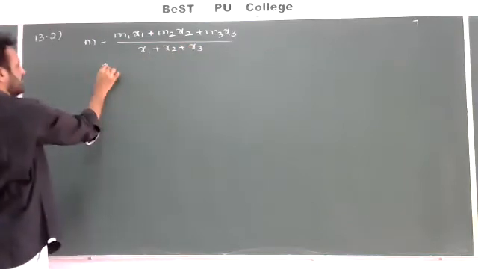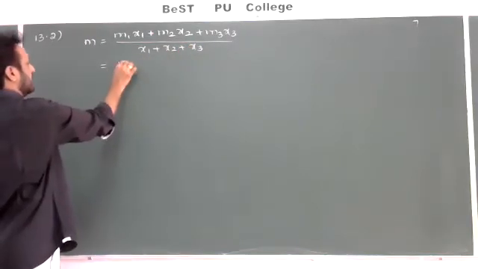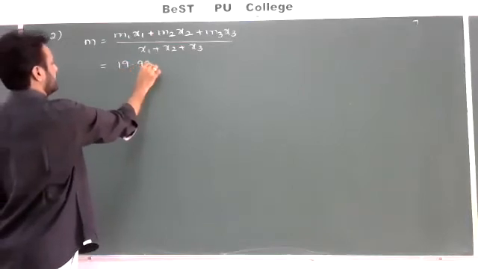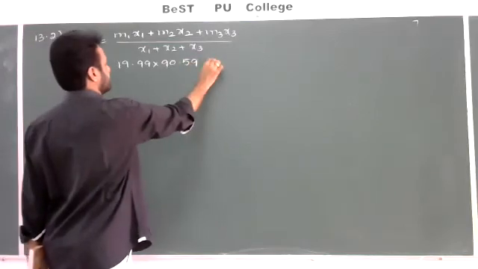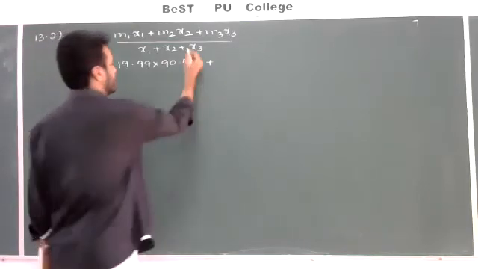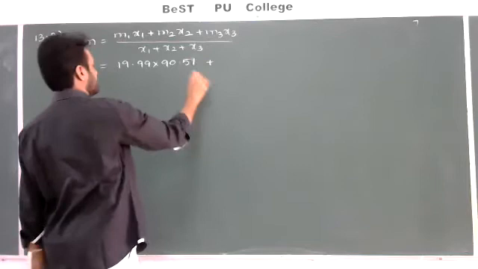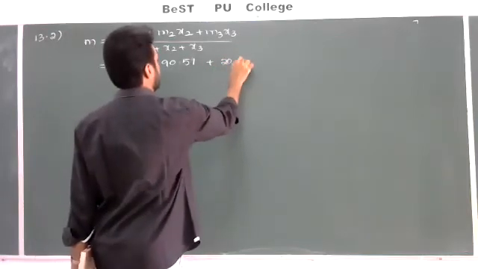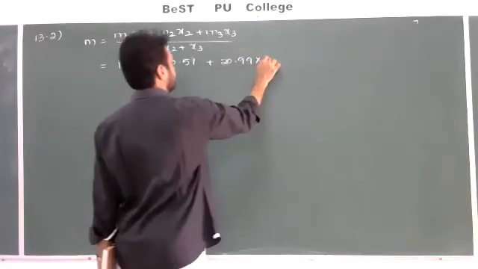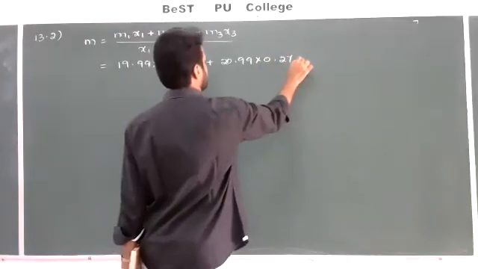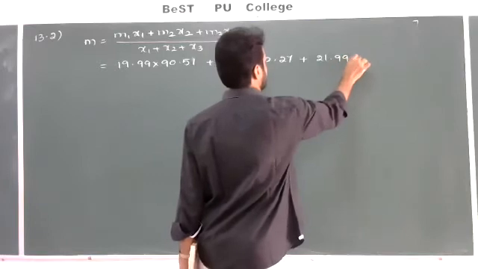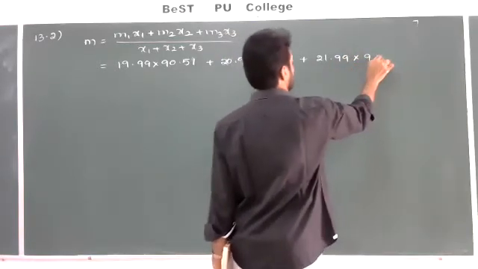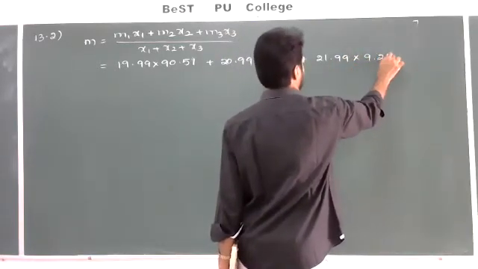Check what the m1 value is first: 19.99 into 90.51 plus 20.99 into 0.27 plus 21.99 into 9.22.